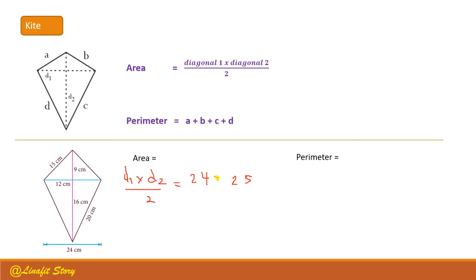So 24 times 25 divided by 2 is equal to 300 square cm. To find the perimeter is 15 plus 15 plus 20 plus 20 is equal to 70 cm.